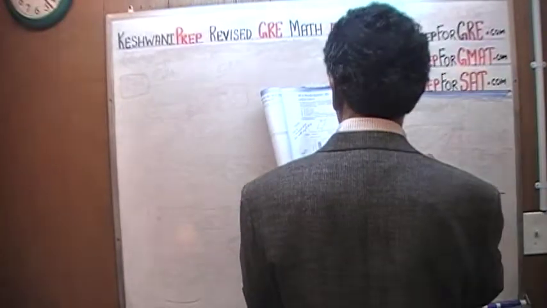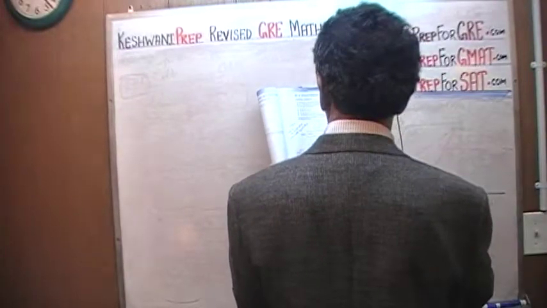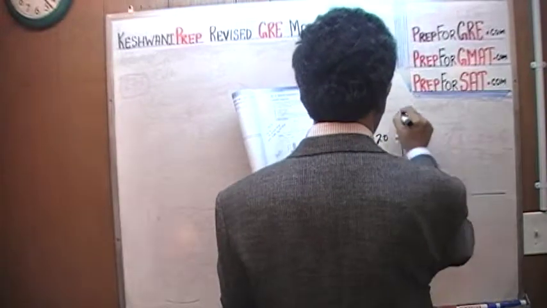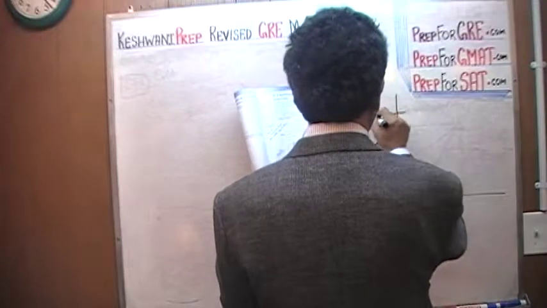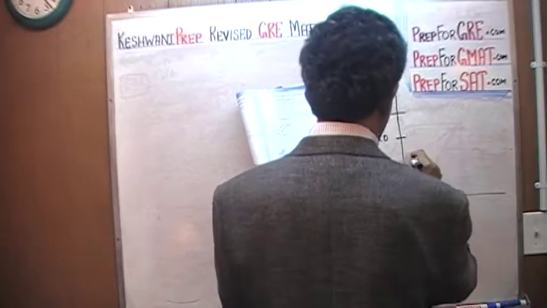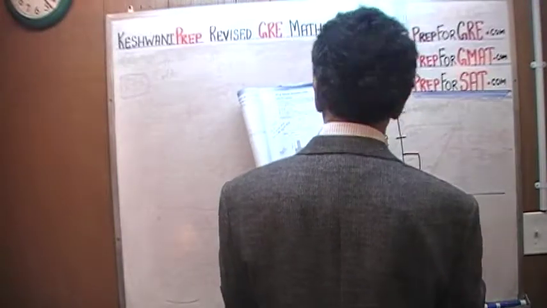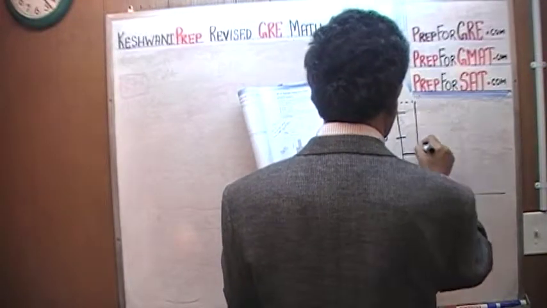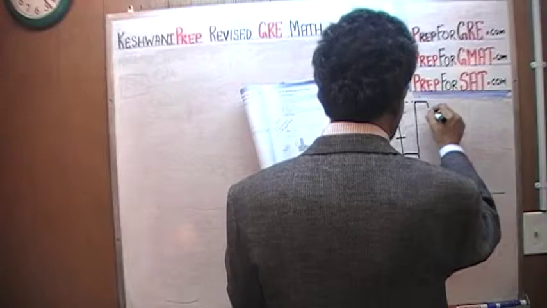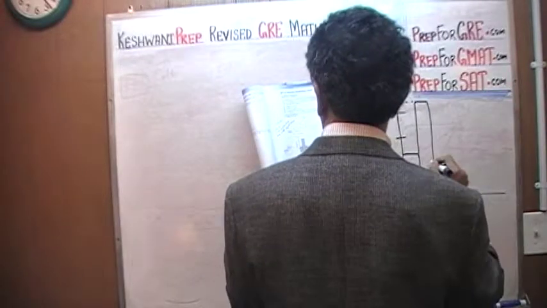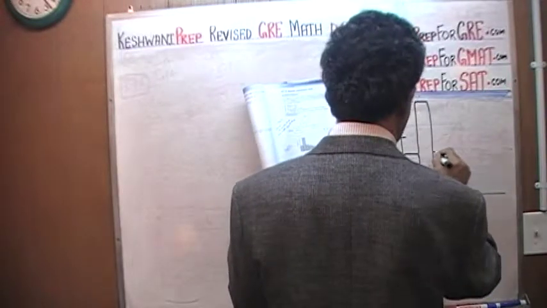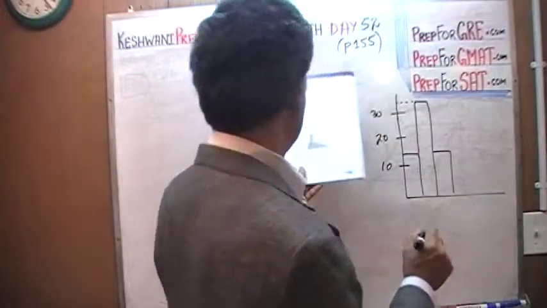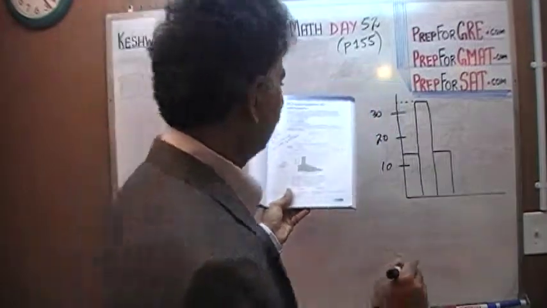And they gave us 7 intervals. 10, 20, 30. The first one is 15. Second one is 35. The third one is 15 again. The fourth one looks like about 12.